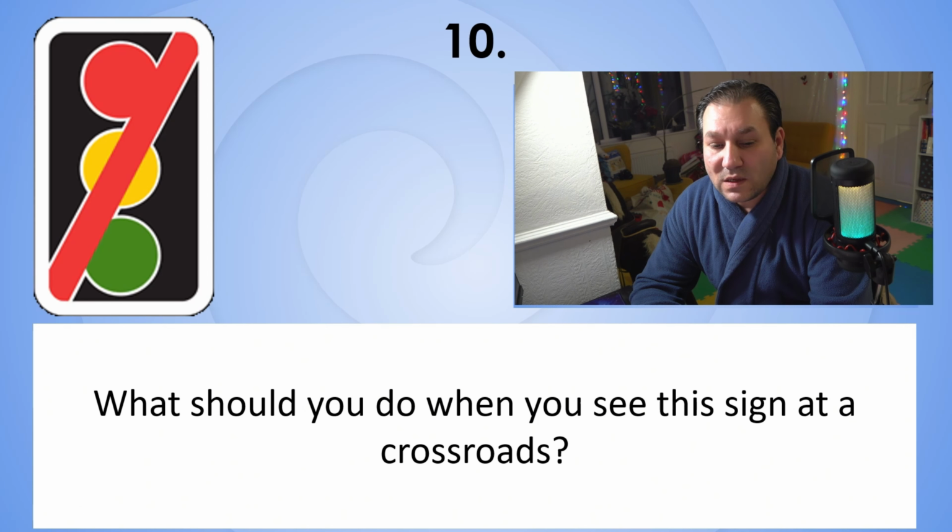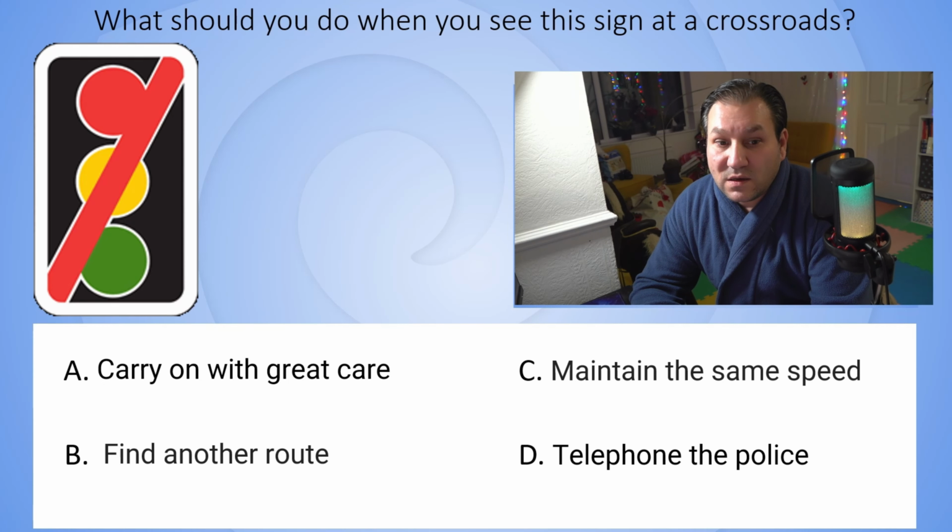10. What should you do when you see this sign at a crossroads? A. Carry on with great care. B. Find another route. C. Maintain the same speed. Or D. Telephone the police.